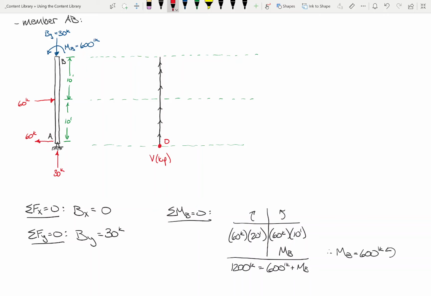If the member's going this way, shear is perpendicular to the member, okay? So we're going to be going left 60, up, over, right? So we're going to be going like this, up, over.